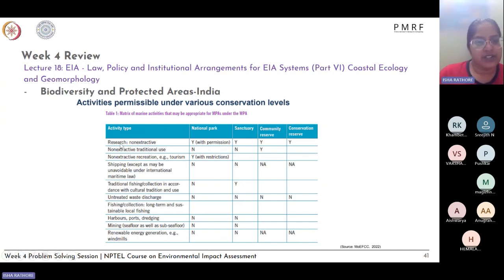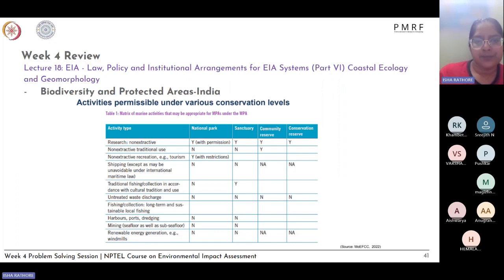So, non-extractive kind of research where you don't take samples out of these areas is permitted in all of these categories of areas. The non-extractive traditional use is not permitted in national parks. So when you have communities living around, they traditionally use resources from all of these spaces. So it is not allowed in national parks and sanctuaries, whereas for community reserves it is allowed.